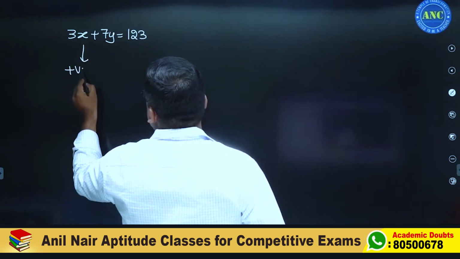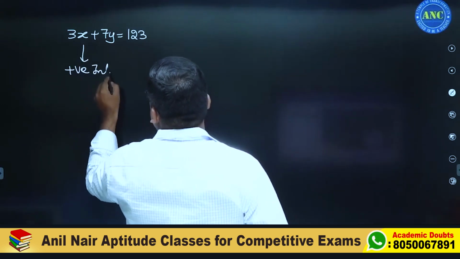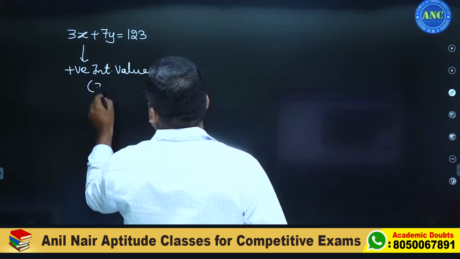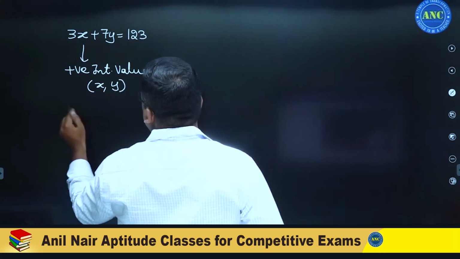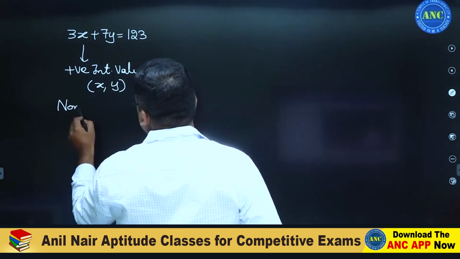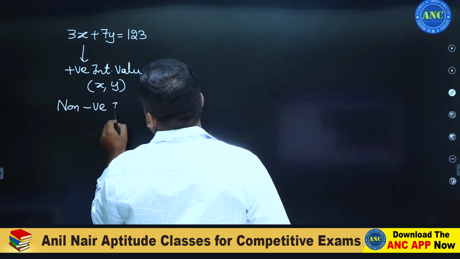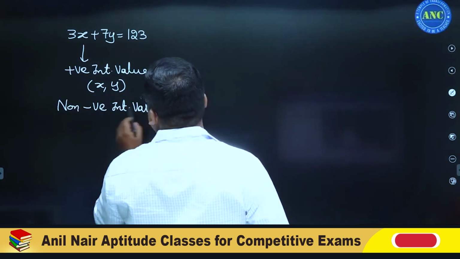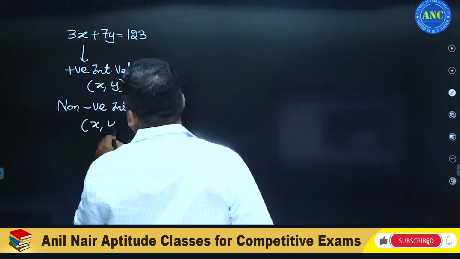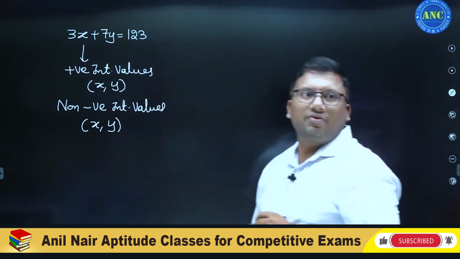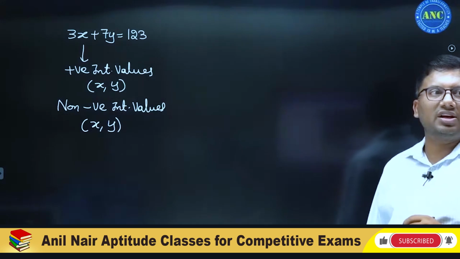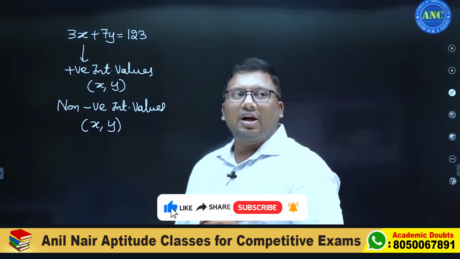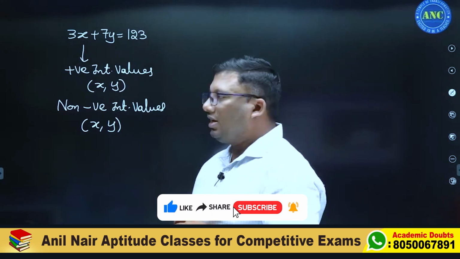How many positive integral values can x, y take? How many non-negative integral values can x, y take? 3x plus 7y is equivalent to 123, positive integral values and non-negative integral values.